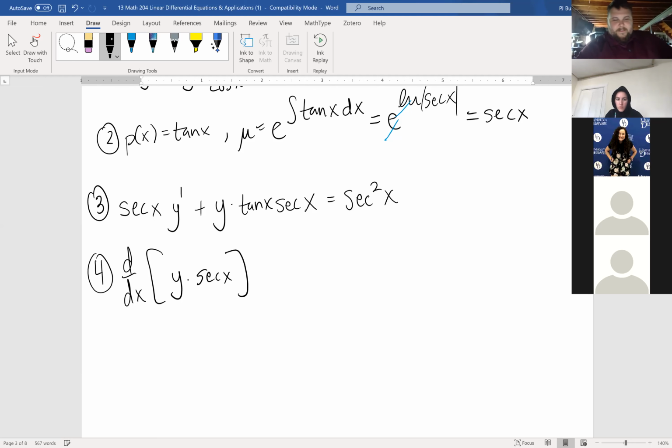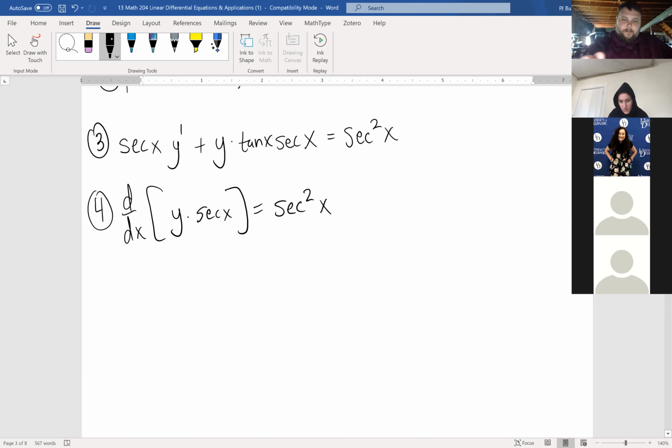So let's see if that makes sense. So derivative of y with respect to x, leave the secant alone. That gives us y prime secant x. That's our first term. If I leave y alone, the derivative of secant is secant tan. So it looks like our left-hand side is good, which means we can go ahead and put our right-hand side down here. Then we split up the d over dx and integrate.